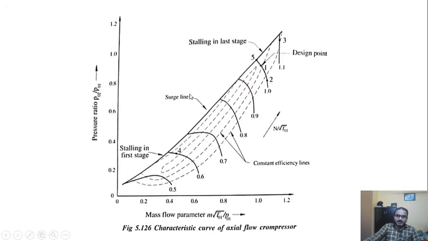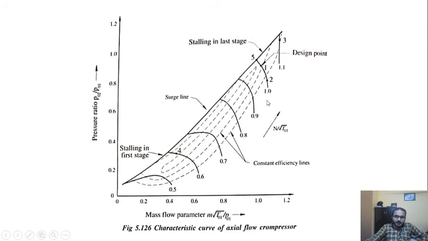So as I told you, this is the surge line. Now you might be confused about why so many curves are present. All these curves that you are observing are for different RPMs. So we are having a speed parameter here, which is N divided by square root of T01. You can see the speed parameter keeps on increasing as we move upward towards the right.